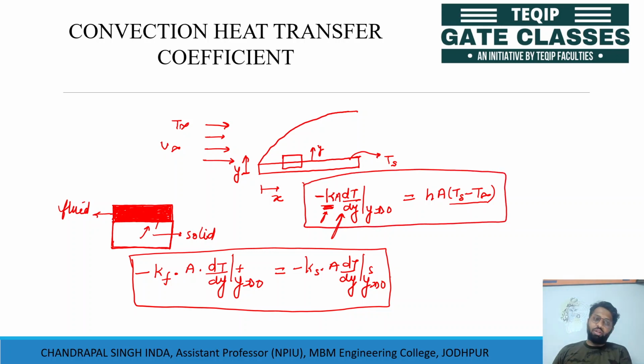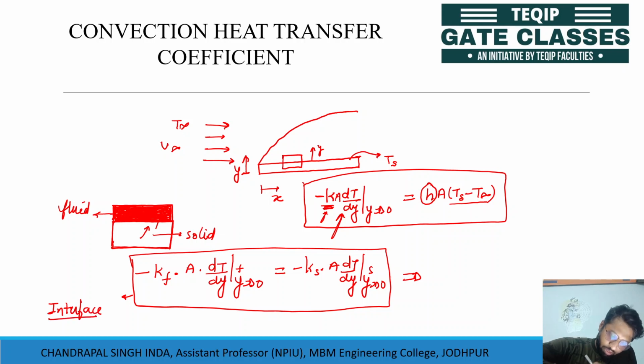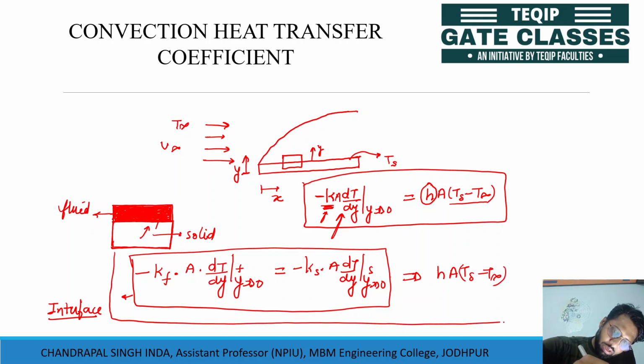Through this boundary condition we can find the value of the convective heat transfer coefficient. So this equation is obtained at the interface, and this condition is obtained by the boundary condition.